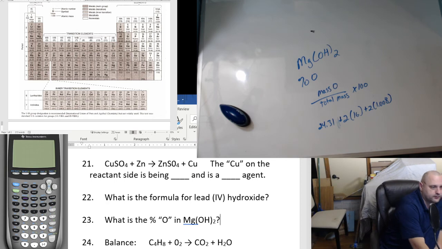So we'll turn on my calculator here. 24.31, plus 32, plus 2 times 1.008, and I got 58.326. I'm going to take 32 divided by that answer, and then multiply that by 100.